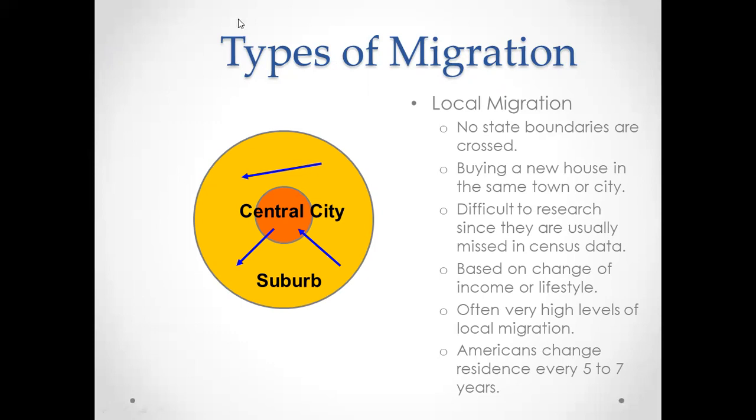Kung ito yung central city, guys, so lumipat ka lang sa suburban. Okay? O kaya naman sa suburban ka, lumipat ka ng city proper. Okay? Or within suburban ka, lumipat ka ng location mo, part pa rin siya ng suburban. Okay? So ayan. So yan po yung ibig sabihin ng presentation na ito.